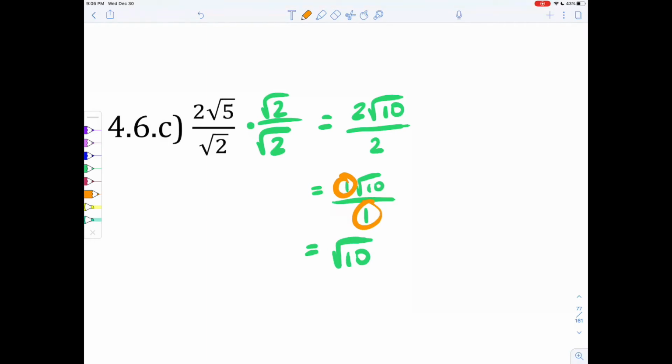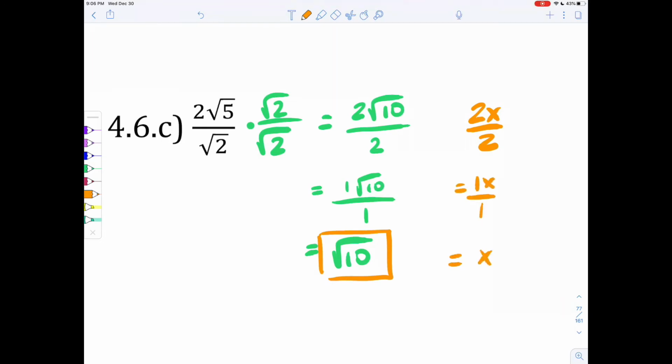We never write 1s as coefficients. We never write 1 as the denominator. So we just end up with root 10. This is very similar to something like 2x over 2, where the 2s, the whole numbers, can interact to be like 1x over 1, or just straight up x in the same way.